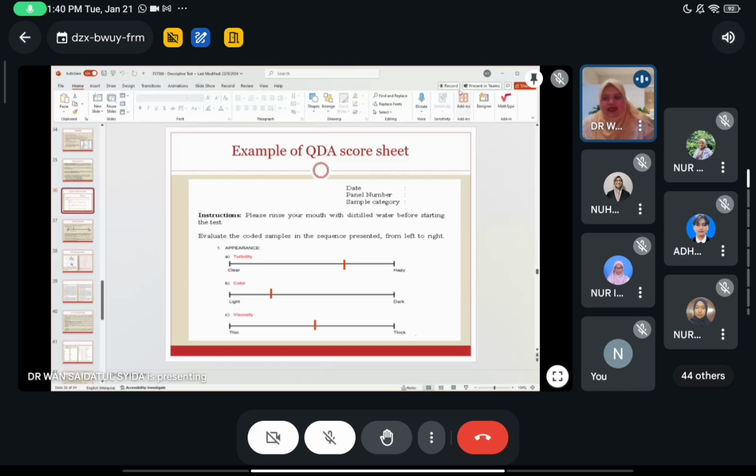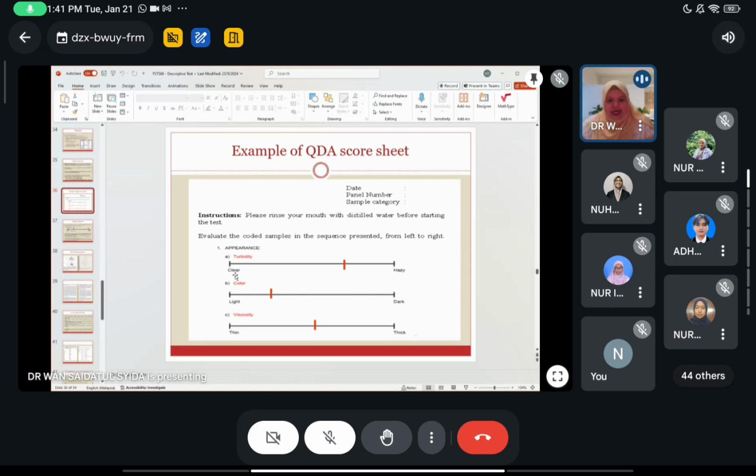And then the scale here must have no numbers. No numbers at all. And the indication is from low intensity to high intensity. Let's say you choose color, the brownness.